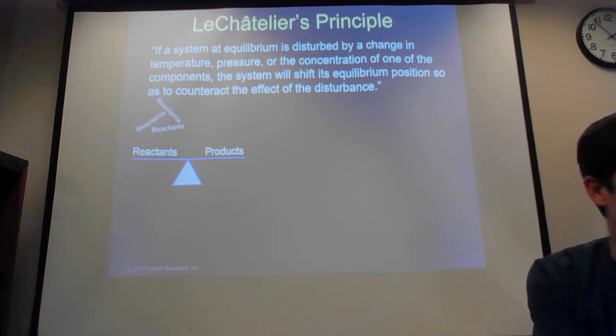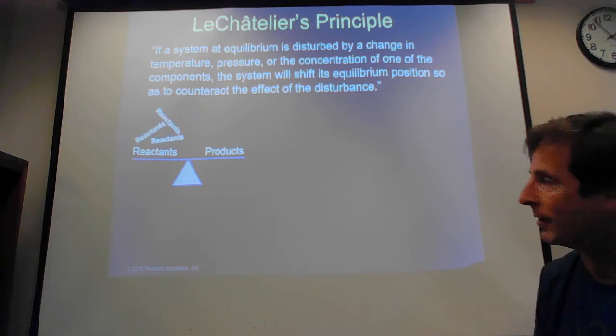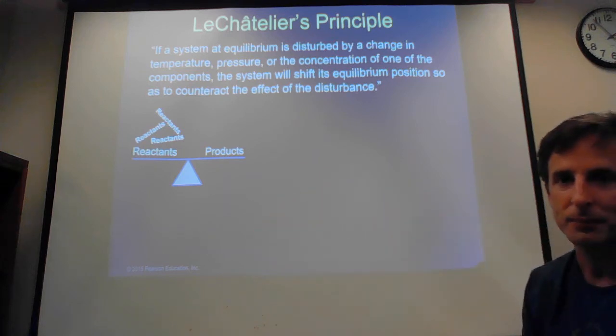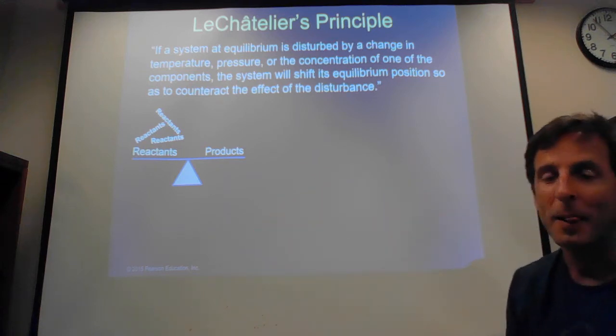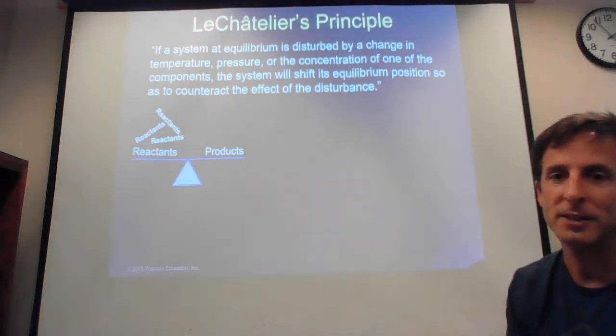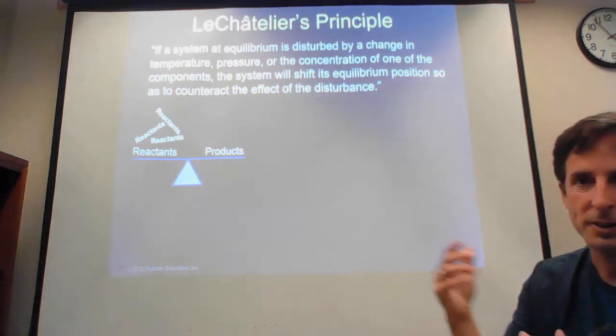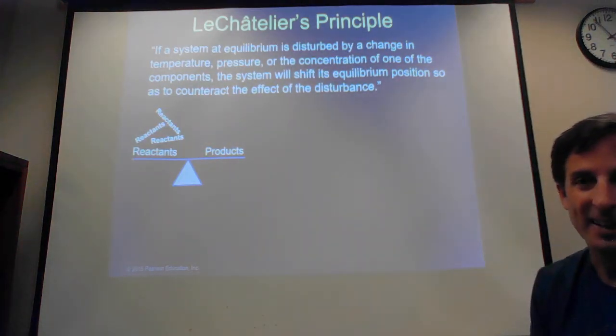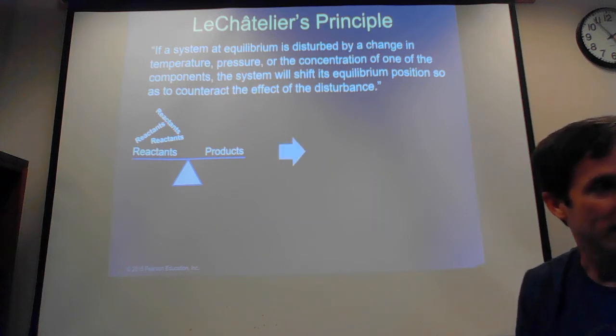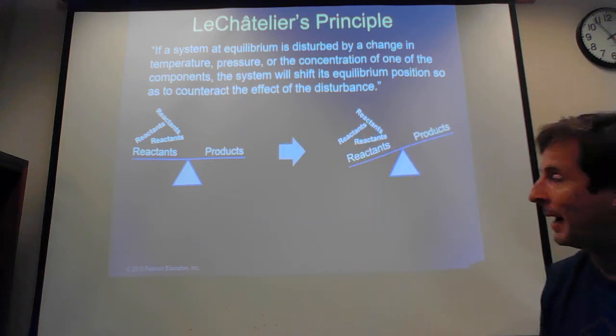So one thing that could happen is, what if we open up the container and we dump in some more reactants? So suddenly, by adding more reactants, we have changed the ratio of the products to the reactants. The reaction doesn't like it, so our balance gets shifted.